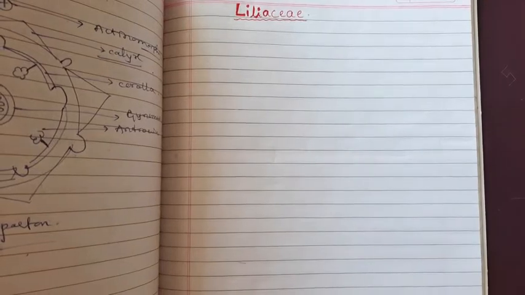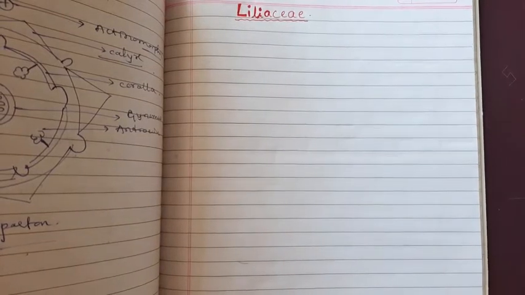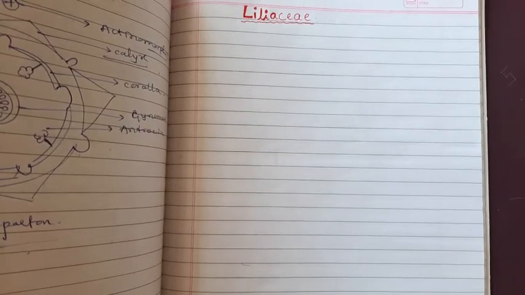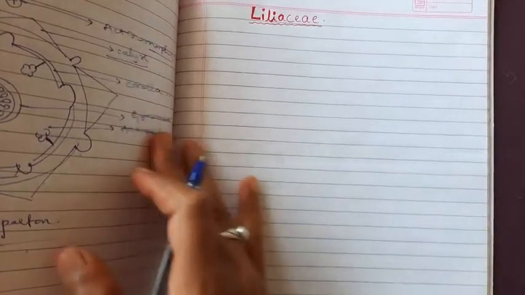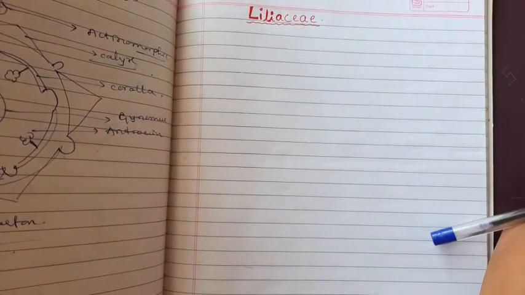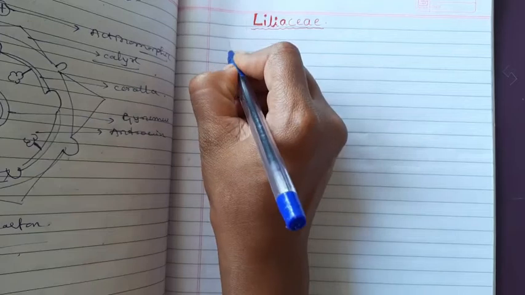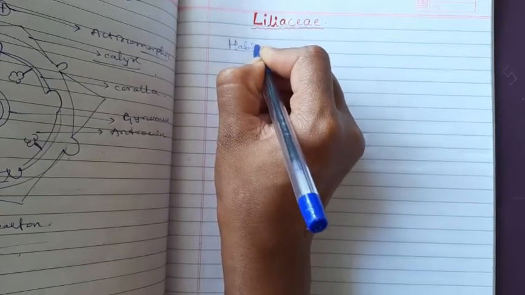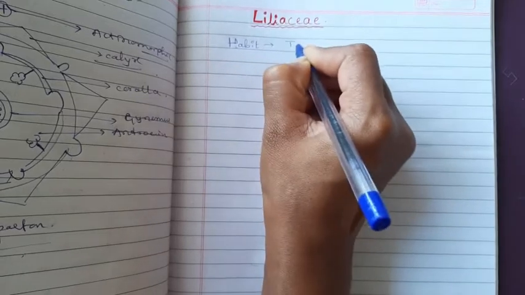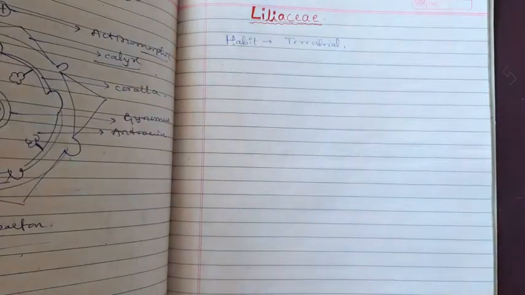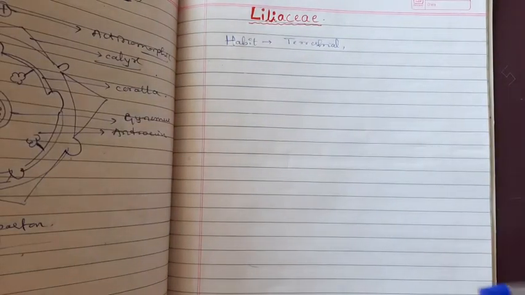The common name for Liliaceae is lily family. It is one of the monocot families, okay. Now we can discuss the characteristic features. Habit: terrestrial, may be aquatic also, okay.